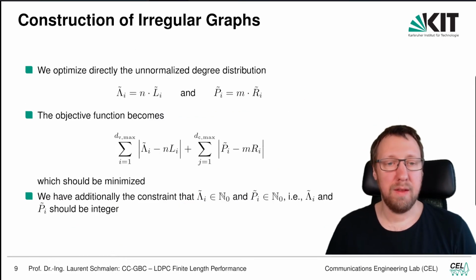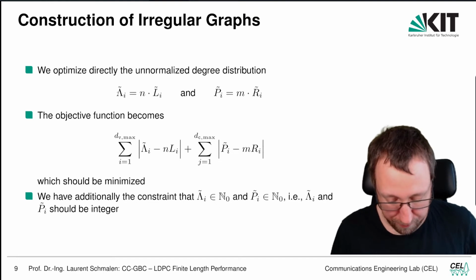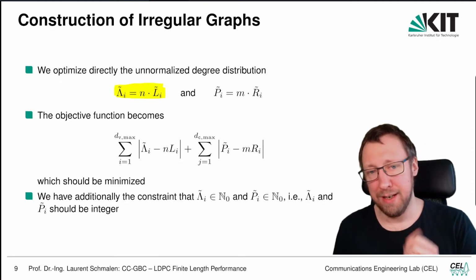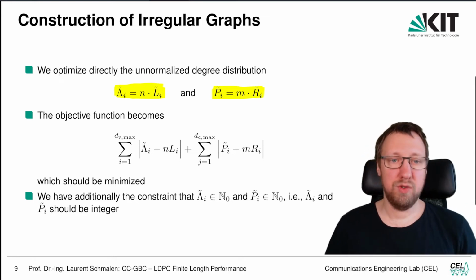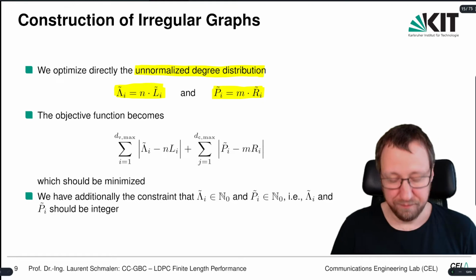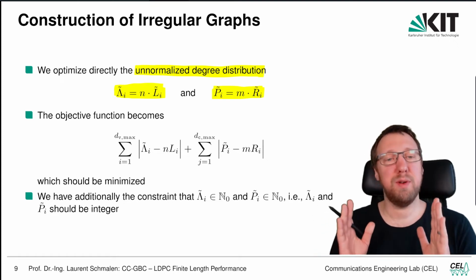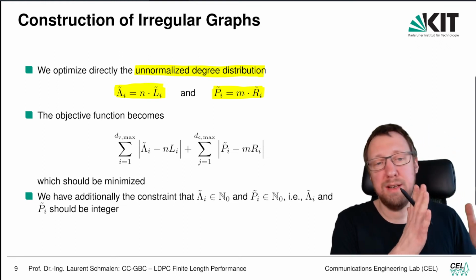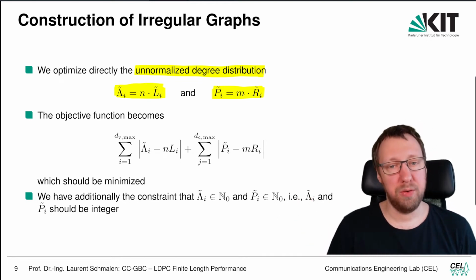And what we do is we directly optimize lambda tilde. So we fix lambda tilde, and we define lambda tilde to be equal to n times Li tilde. And we fix pi tilde to be equal to m times Ri tilde. So it's the unnormalized degree distribution. So what do we want to minimize? We want to minimize the difference between Li tilde and Li, or the difference between lambda I tilde and lambda I. It doesn't matter where we do the normalization.